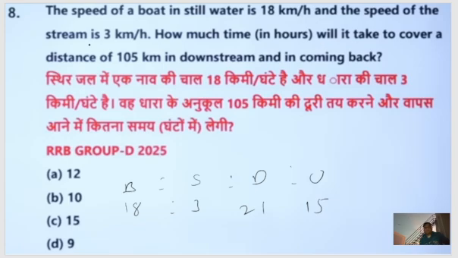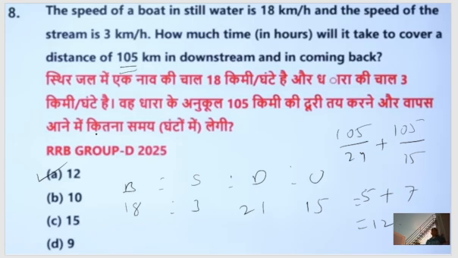It will travel 105 km downstream, and upstream how much time is required? So 105 divided by 21 for downstream plus 105 divided by 15 for upstream. So here it is 5 plus 7, the total time is 12 hours to travel this 105 km downstream and upstream.